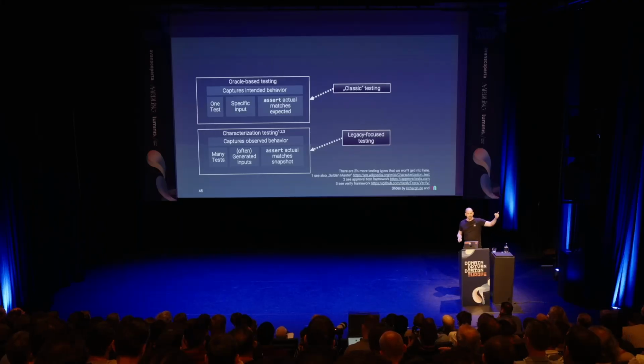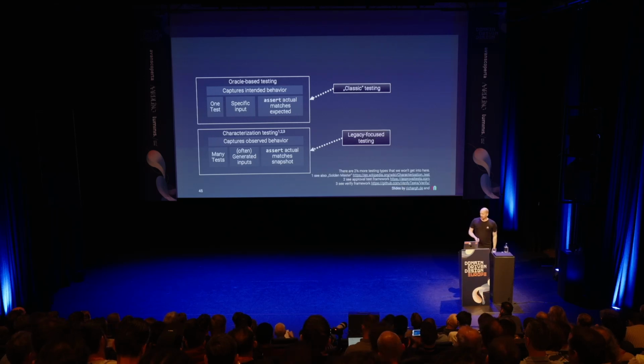But at least you have something that ensures the observed behavior won't change. So it's a good place to start with characterization testing, but the more understanding you have, you want to go from legacy-focused testing more towards the classic or the domain-focused testing. There's two other categories of testing I won't get into, which is property-based testing and metamorphic testing. But you can find it in the backup, I think I put them, or ask me. So, but still, you're just capturing a snapshot.